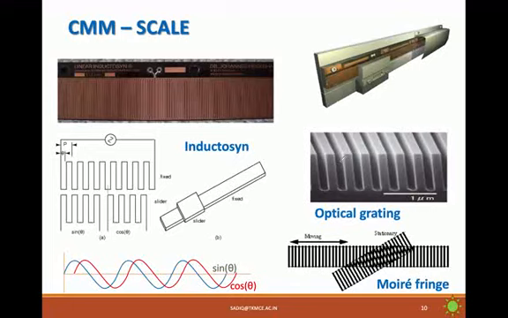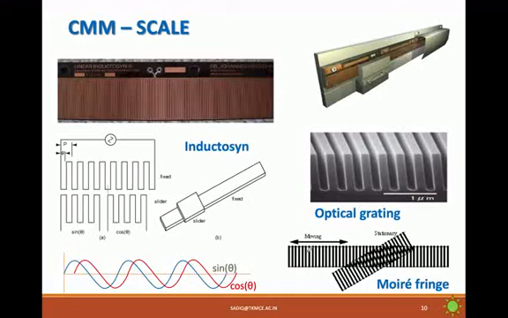Again, optical grating is another method, which is a very costly option used in CMMs. Optical gratings are actually scribings done on glass sheets. This is one example where you can see many scribings, and you see that this distance defines 1 micrometer. Typically, CMMs which use optical grating will have around 25 gratings per millimeter in the lower scale, and it uses a technology called Moiré fringe counting to check the movement of the slide.